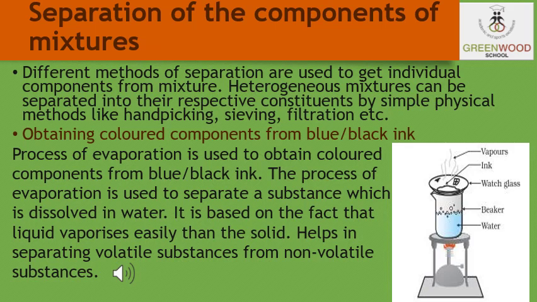For blue-black ink, the process of evaporation is used to obtain the colored components. Evaporation is used to separate a substance which is dissolved in water. It is based on the fact that a liquid vaporizes more easily than a solid, which helps in separating volatile substances from non-volatile substances.